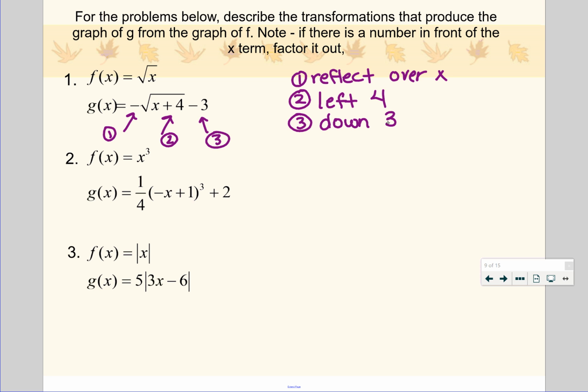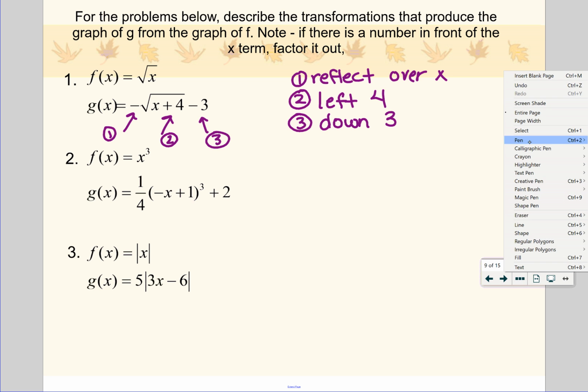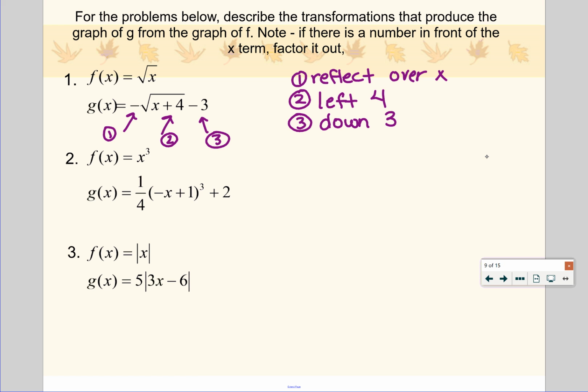The next one is the cubic function, x cubed, and then I have a transformed function. Is there something multiplied by my x in this one? Yes, there is. There is a negative. So I am going to factor that negative out. Now it's important to remember that that negative is cubed. I don't want to take it outside of the cubic function because that means something different.